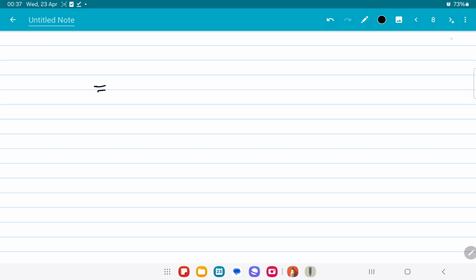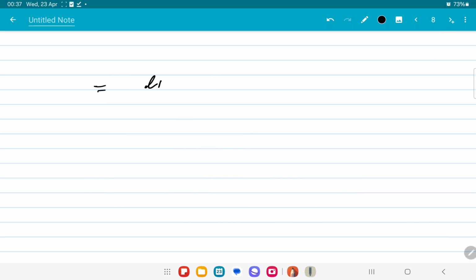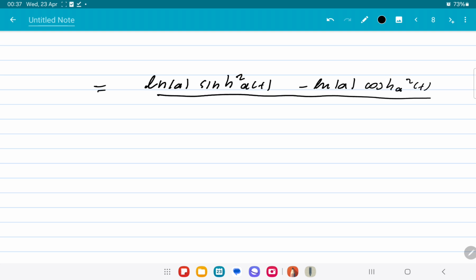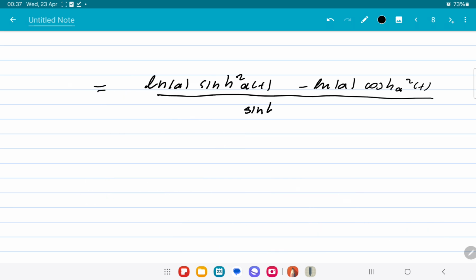So I can calculate the derivatives. The first one is going to be ln a sine hyperbolic squared minus ln a cos hyperbolic squared, and the denominator is going to be sine hyperbolic squared of a t.